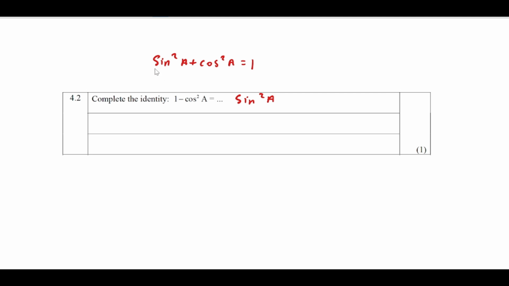So if you make this the subject, which means you have to transpose cos, you have to take this one to the side, and then you'll be left with sine squared of A. This will be 1 minus cos squared of A, which is this one here. So the complete identity is going to be equal to sine squared of A.